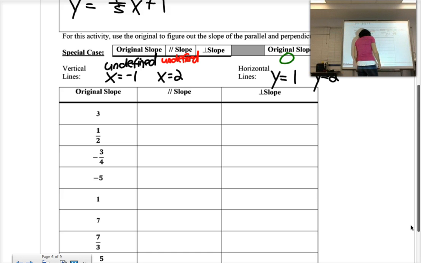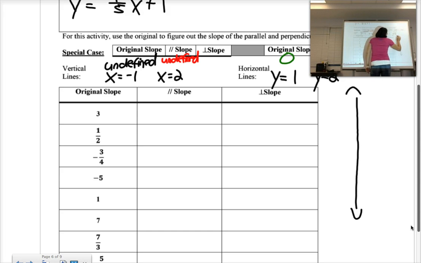Now let's talk about vertical and horizontal lines and their relationship. So if we have a vertical line, we have a line up and down like this. Okay? And if we have a horizontal line, then we have a line that goes left to right like this. Okay?